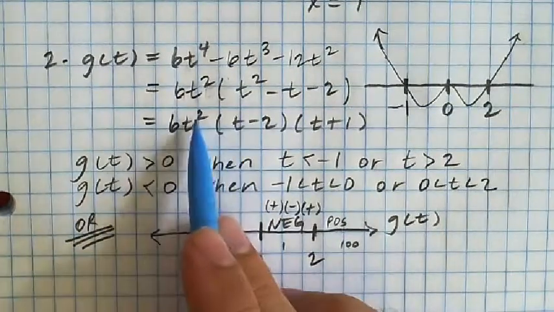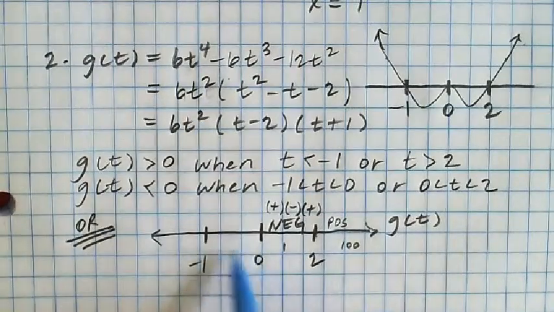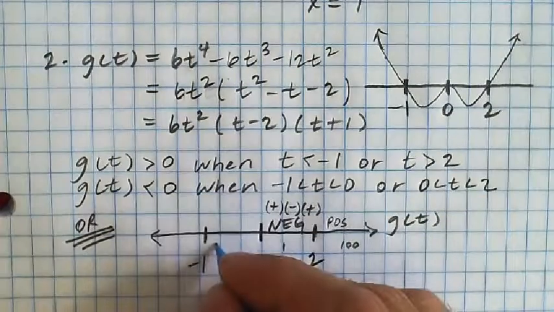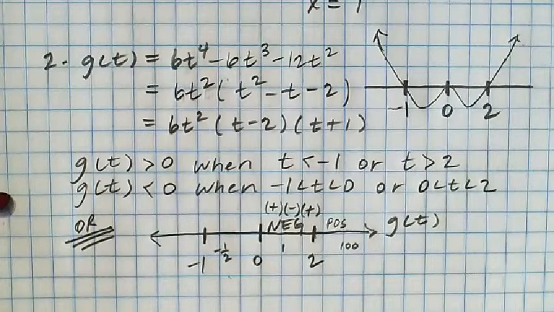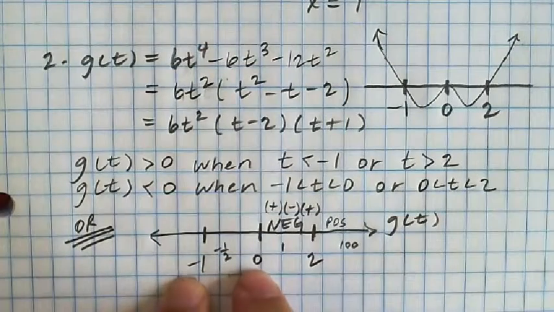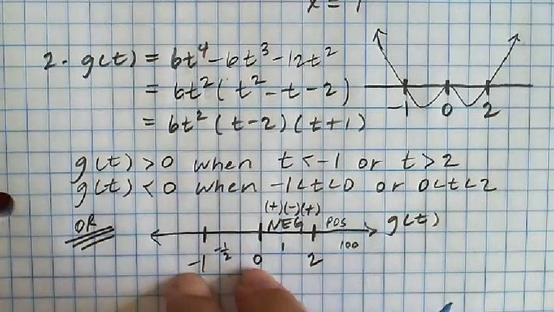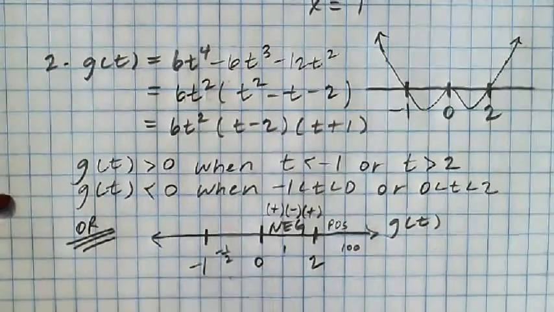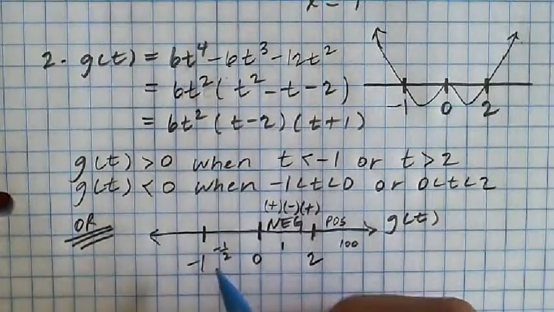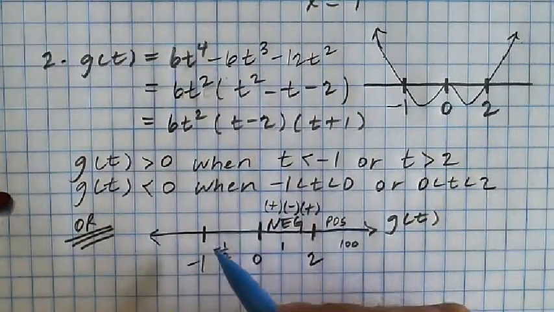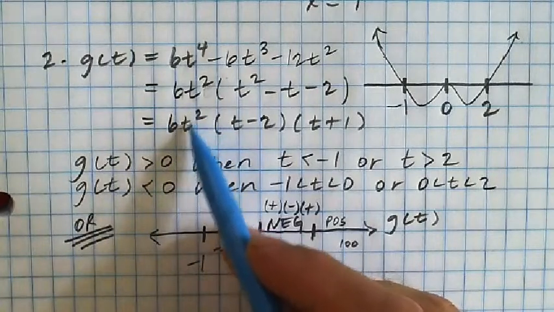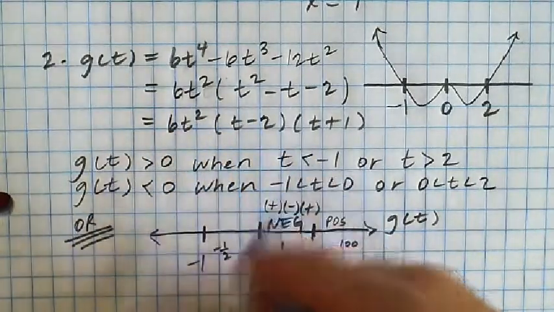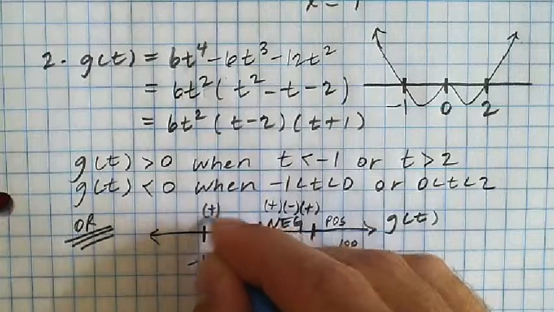Because at 0, it's t squared, right? If you choose a number less than 0 and greater than -1, like -1/2, and that's kind of why I don't like this method, because if the integer zeros are consecutive, then it makes it really annoying sometimes to put a fraction in there. So what we're going to do instead is use -1/2, and I'm going to say 6 times -1/2 squared. Well, that's going to be 6 times 1/4, a positive number.